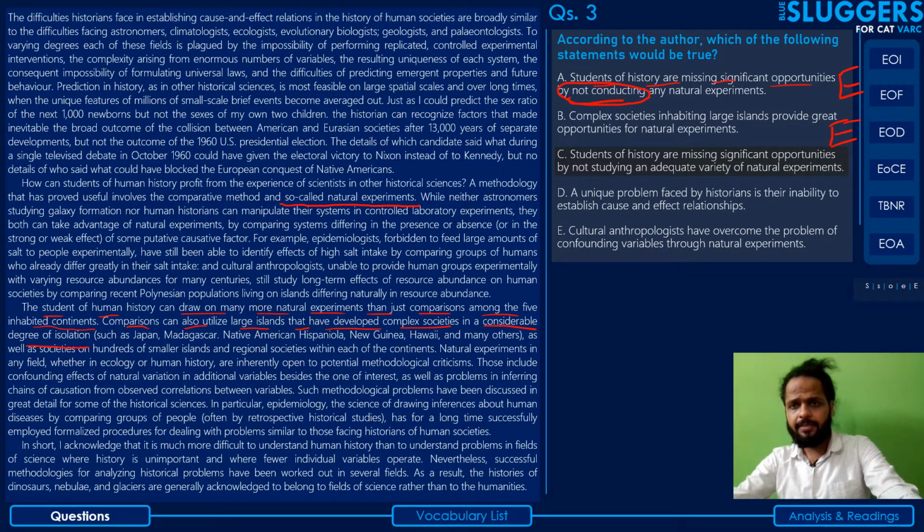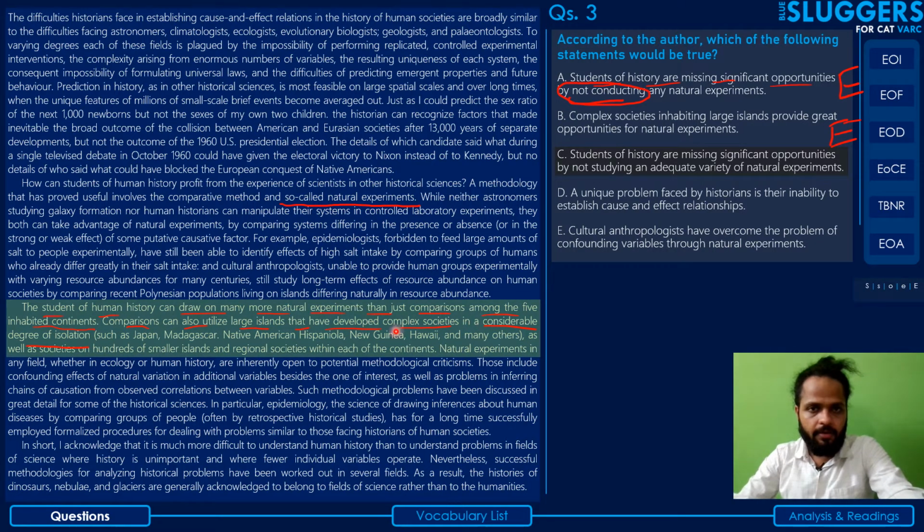Next, students of history are missing significant opportunities. Again, that is something that the author has implied. The first part is all right. By not studying an adequate variety of natural experiments. Yes, that's true. That's exactly what he means to say. He says that you don't need to be limited. The point of reference is right here, right? Among can draw on many more natural experiments than just comparisons among the 5 inhabited continents.